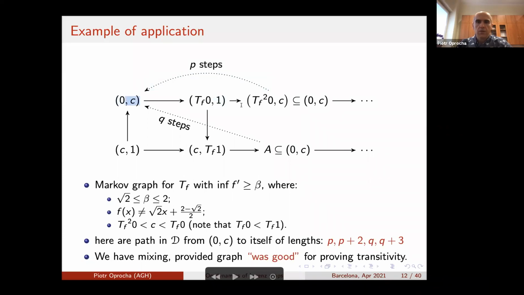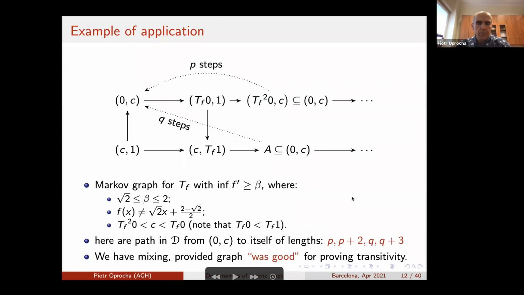It's here, like 2 steps and p. But as I said, by the lemma, we also have here a cycle of length p, and again we have a path of length q plus 3, and also here a cycle of length q. So we have cycles from 0c of lengths p plus 2 and q plus 3.